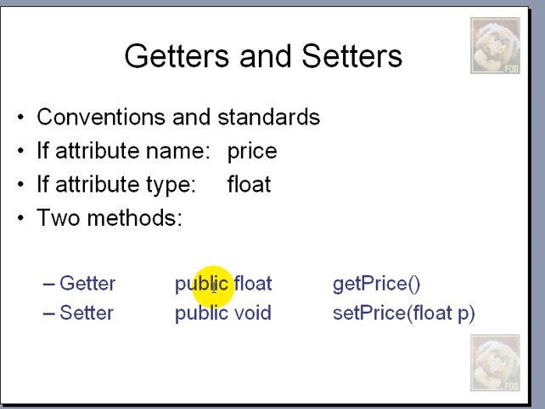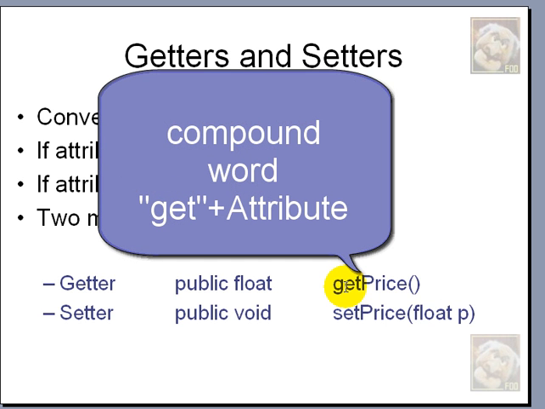Now, in the case of the getter, the convention for writing the method is very, very strict. We must begin by writing the get prefix. Notice that the word get is written in lowercase letters. Next, we append the name of the attribute, but we change the first letter from a lowercase to an uppercase, and we get a compound name, getPrice.